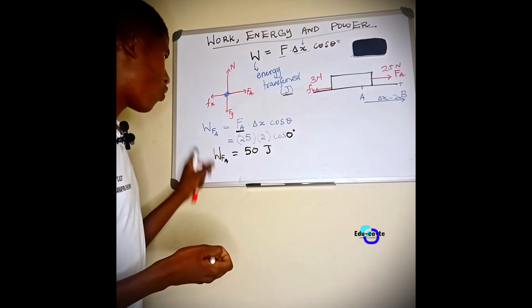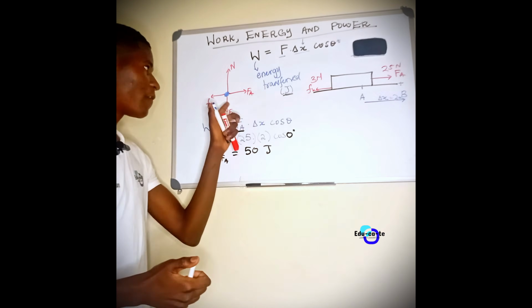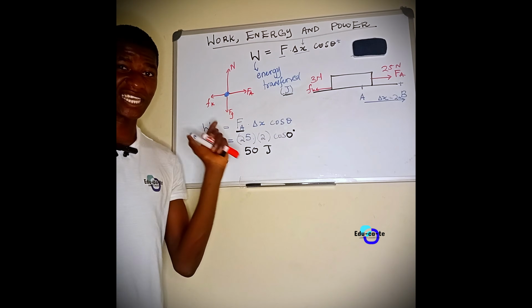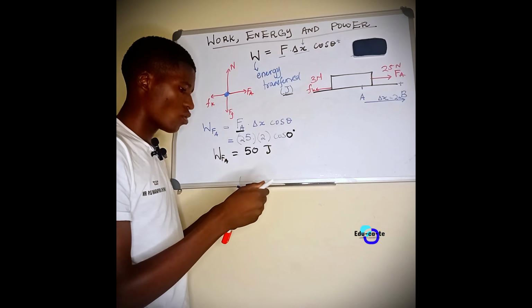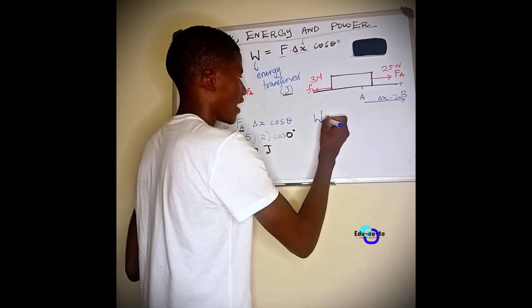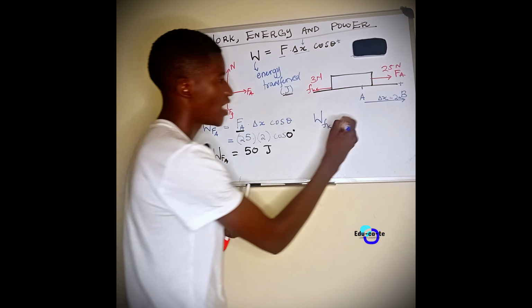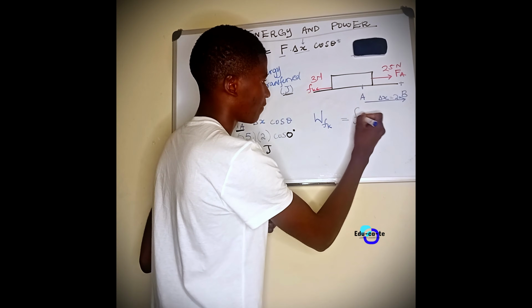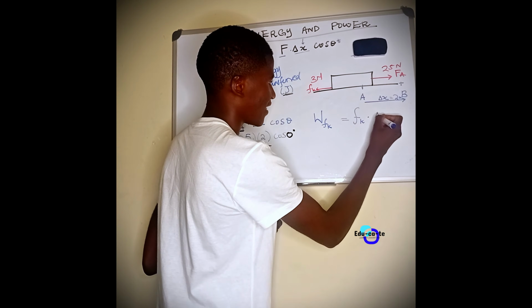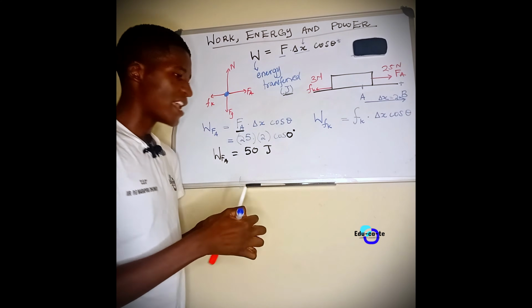We can furthermore even calculate the work done by the frictional force, because frictional force is also a force that is acting on this object. So as the object is in motion, we can find the work done by the frictional force. The work done by frictional force will be equal to the frictional force multiplied by the same displacement, cos of an angle theta.